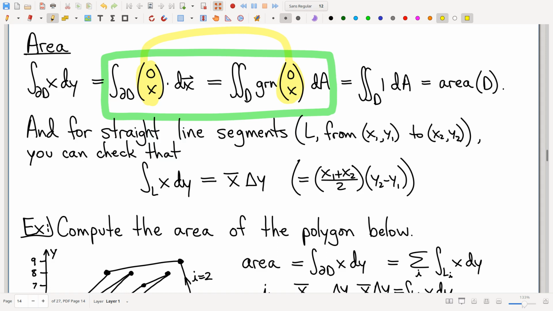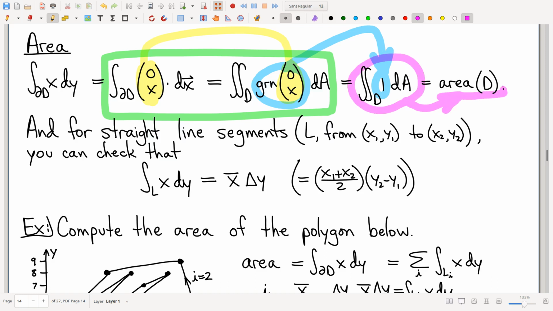All right, so why did I want 0, x? It's because of what Green's operator is. If you just straight up compute Green's operator for that vector field, you will get 1. Which is nice because now notice my integral here, I'm looking at the integral of 1 on a region, and of course that tells me the area of the region.